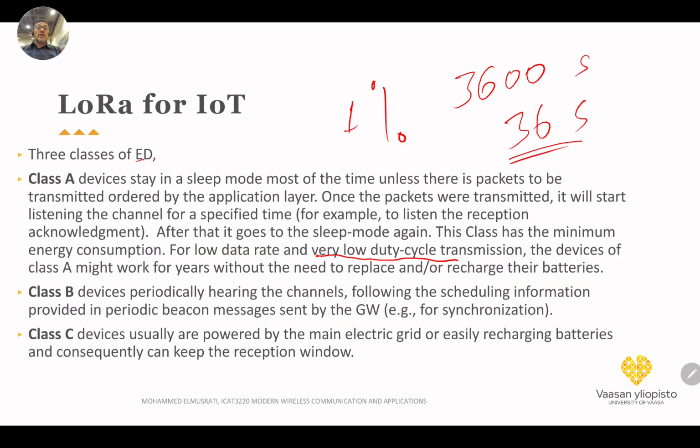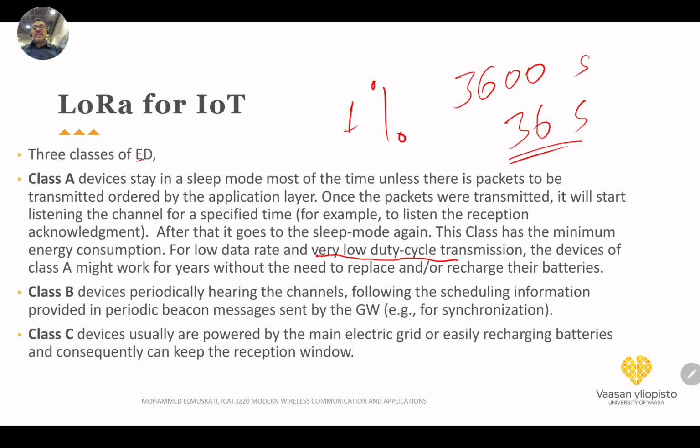So it is 1% operation, and this gives the opportunity for many sensors to use the same unlicensed band without big collisions and then failure of the communication link.